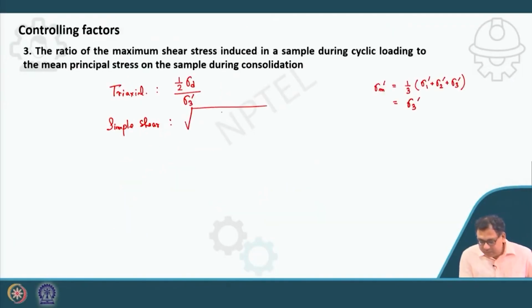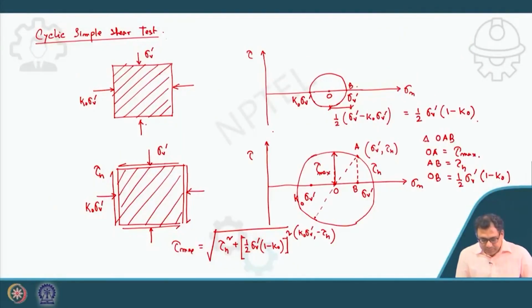So this is equal to the square root of tau h square plus half sigma v dash (1 minus k0), divided by the mean effective stress during consolidation. During consolidation, it was sigma v dash vertically, and radially it was k0 sigma v dash.